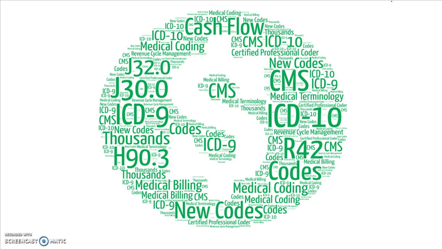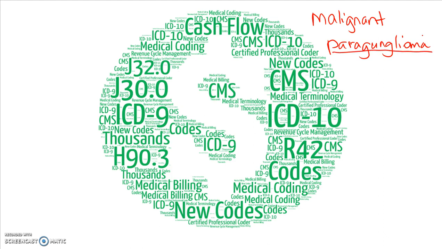Let's say that your patient has a diagnosis of malignant paraganglioma. Now you're going to start in your alphabetic index of your coding book and you're going to look up paraganglioma and then the subterm malignant.